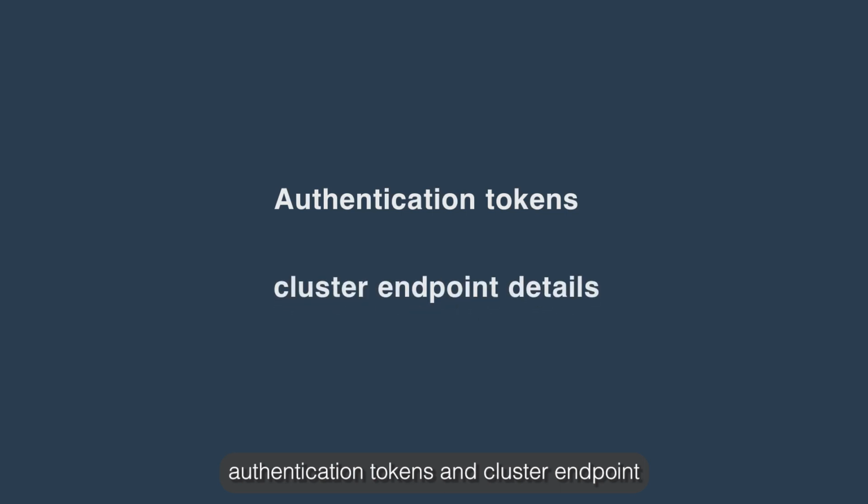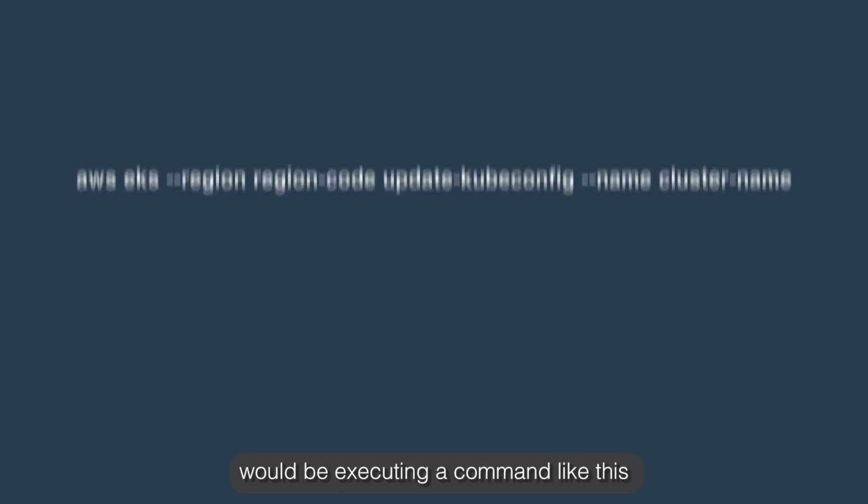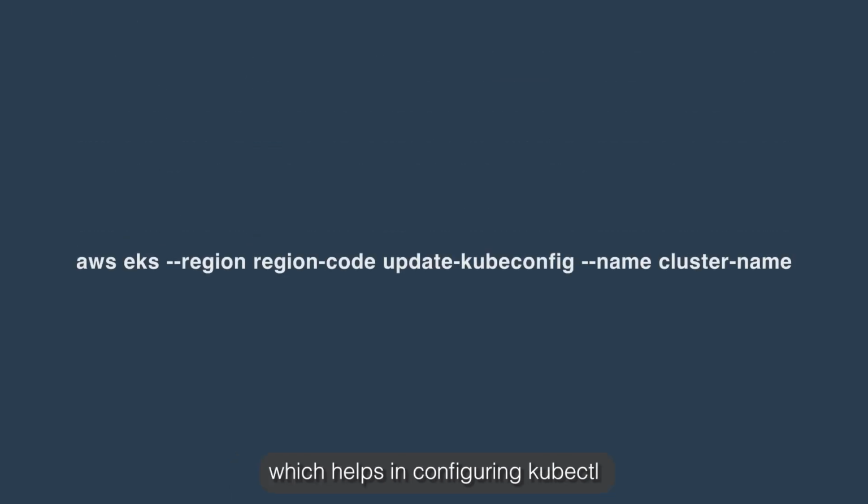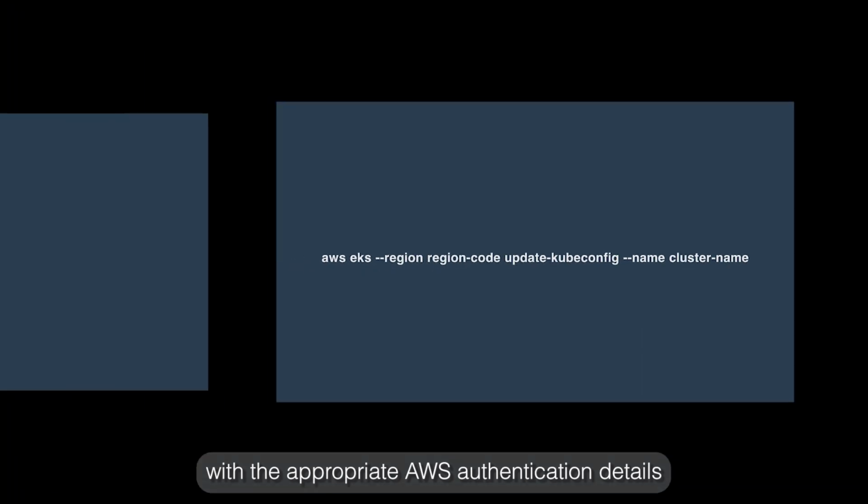The AWS CLI provides necessary information such as authentication tokens and cluster endpoint details essential for Kubectl to communicate securely with the EKS cluster. An example of using the AWS CLI in this context would be executing a command like this, which helps in configuring Kubectl with the appropriate AWS authentication details.